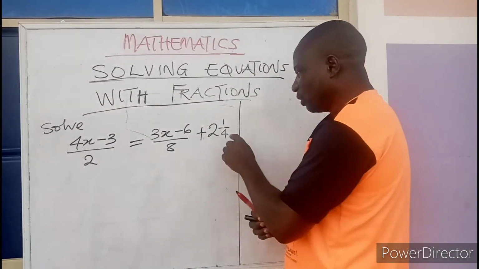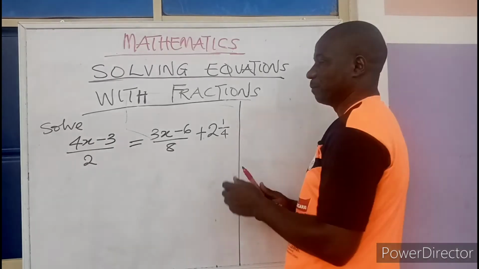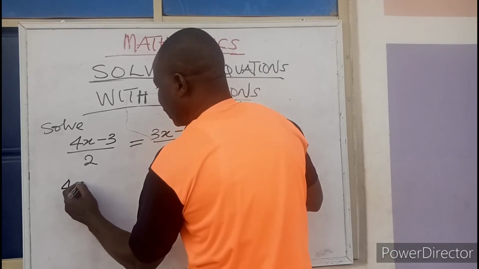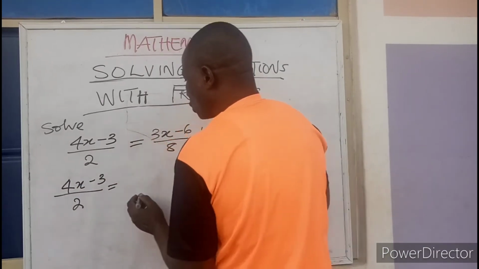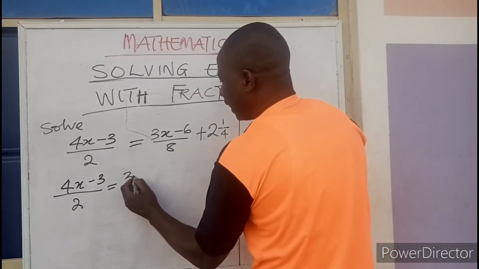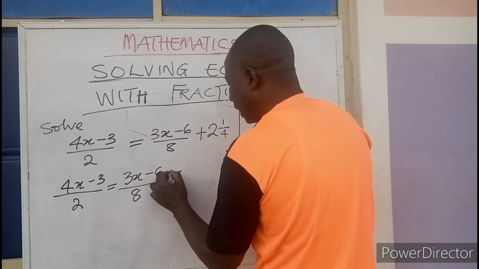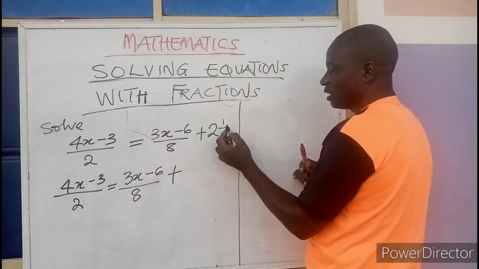And class, you know I'm having a mixed fraction here. So let me first of all do this. I have 4x minus 3 all over 2 is equal to 3x minus 6 all over 8 plus 4, 2 times 4, 8 plus 1, 9.